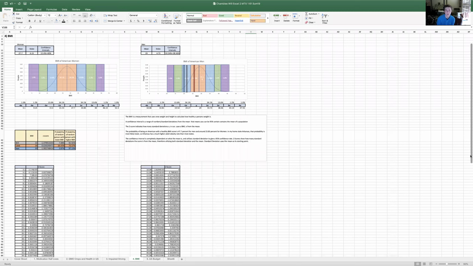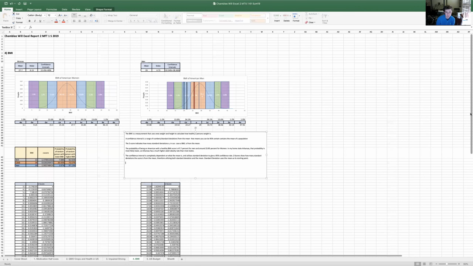Earlier in the other module, we talked about the probability of being obese in America. I looked up some statistics. The chance of being healthy for women is much higher than for men. And of course, in Arkansas, where there's a 35% adult obesity rate, it's obviously going to be a lot lower chance of being healthy and not obese.